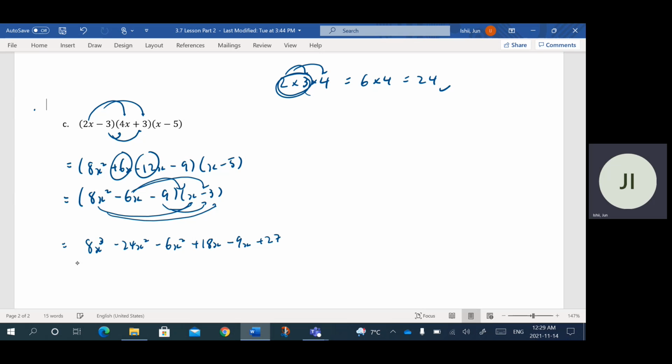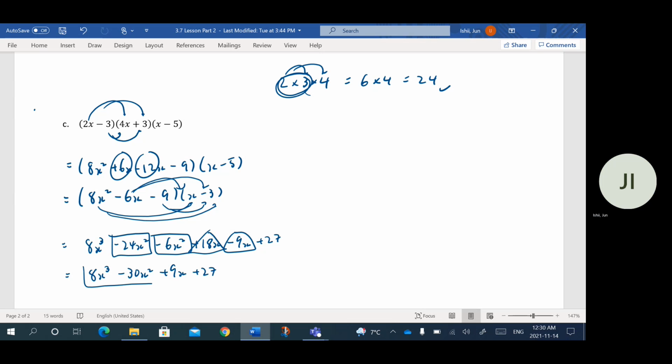Again, collect like terms: 8x cubed, now we put these two together, so that's negative 30x squared, and 18x minus 9x is plus 9x, plus 27. And that is it. When you're multiplying 3 things together, make sure you multiply the first 2 together, collect like terms, and then multiply that product with the third.